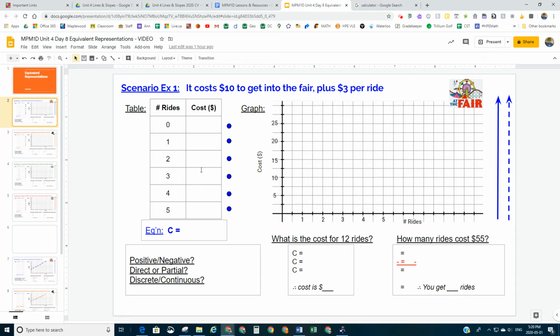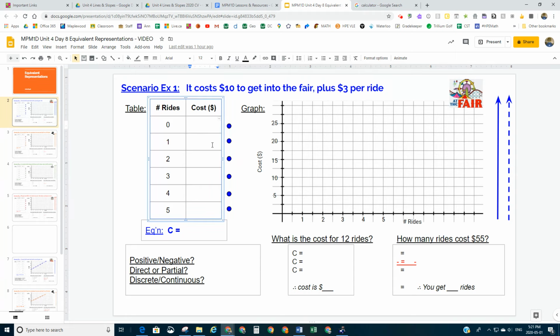All right. Also, one big difference between these ones and the ones that we did before, the ones we did before were all direct variations, meaning they all started at 0. These ones are not, or they may be, but they could be direct or partial. All right. So in this example, $10 to get in, $3 per ride.